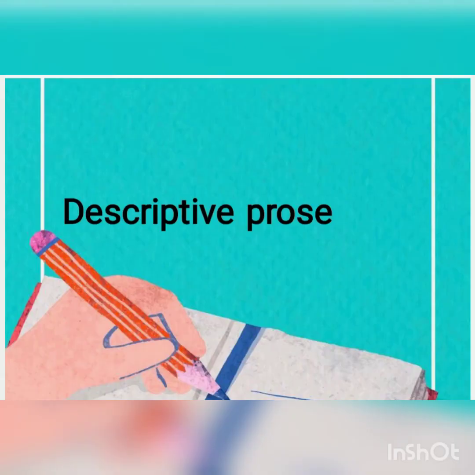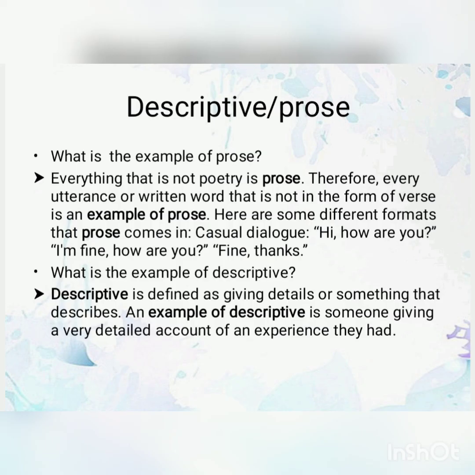Descriptive prose. What is descriptive prose? Before we see what is descriptive prose, let's see the meaning of prose and descriptive. Everything that is not poetry is called prose, and descriptive is defined as giving detail or something that describes.